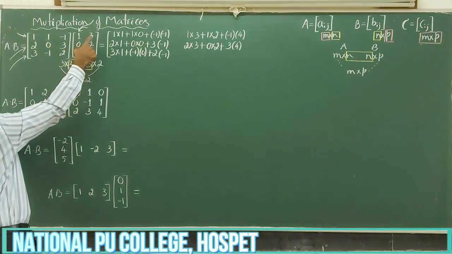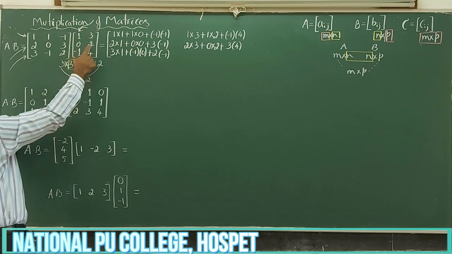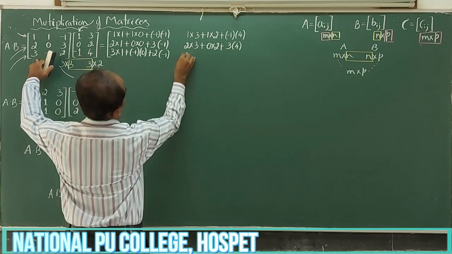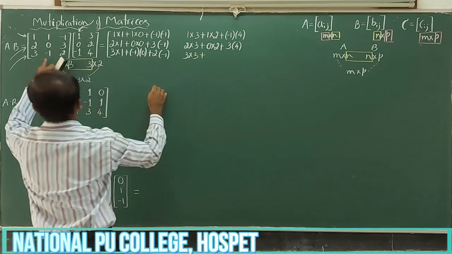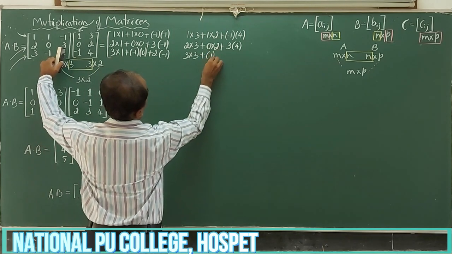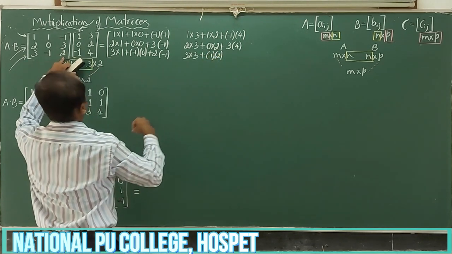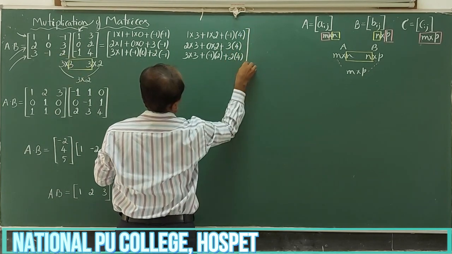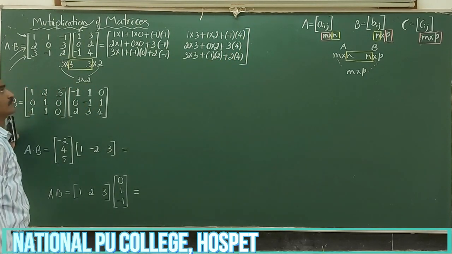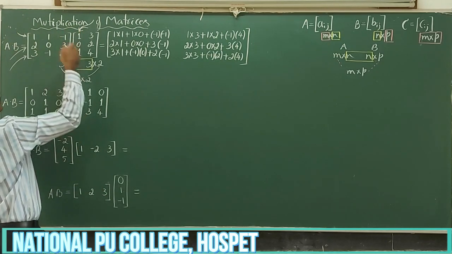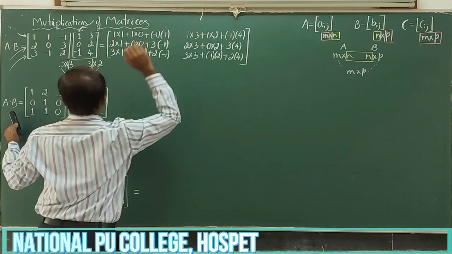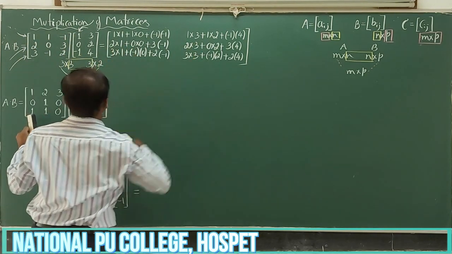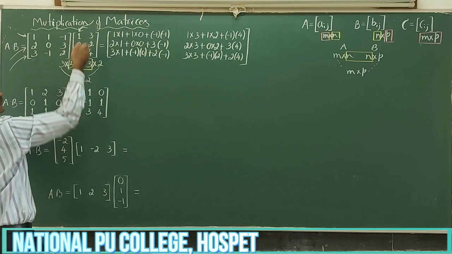Pair of elements 3, 3, minus 1, 2, 2, 4. So 3 into 3 plus minus 1 into 2 plus 2 into 4. So we started with first row, first column, first row, second column. Second row, first column, second row, second column. These are the entries. Third row, first column, third row, second column.